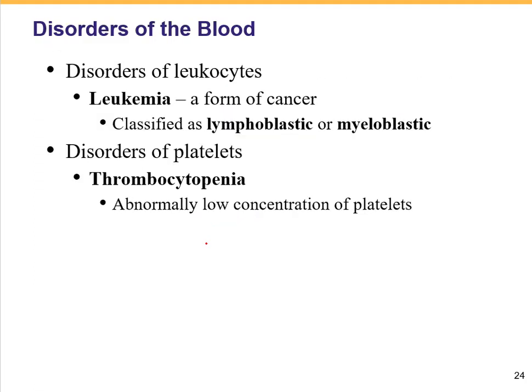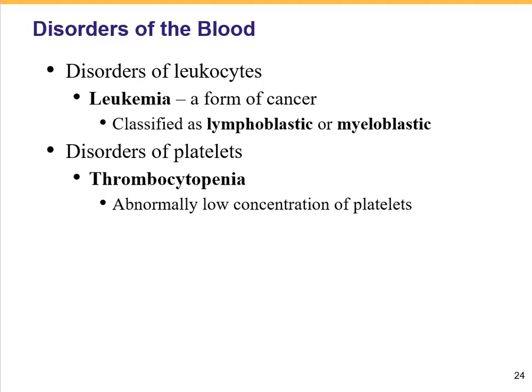Then there are some other disorders related to the leukocyte. We have leukemia, which is a type of cancer that affects the white blood cells, leading to their uncontrolled growth and accumulation in the bone marrow and blood. Leukemia is classified into two main types based on the type of white blood cells involved.